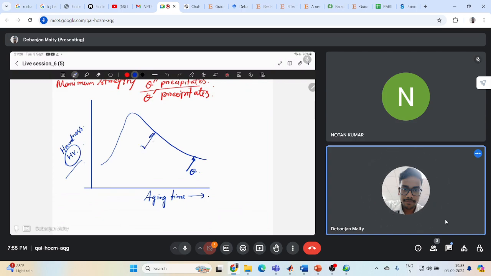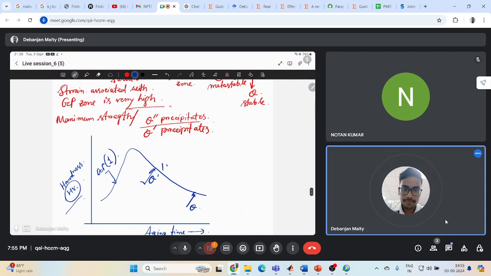This will be my theta dash precipitate. This will be GP1 region. Let's say this is aging at 190 degrees C. And if you are aging at some different temperature, this is GP2.